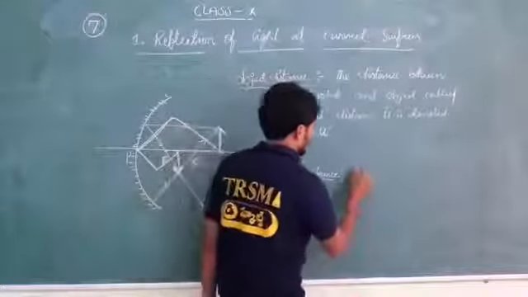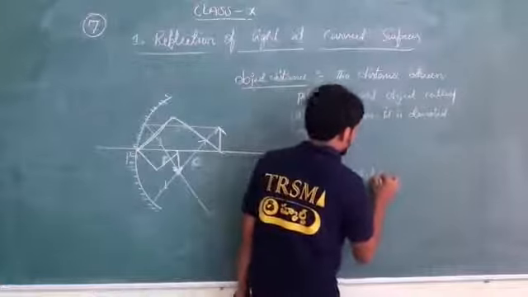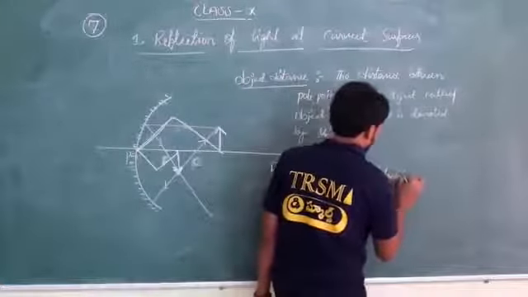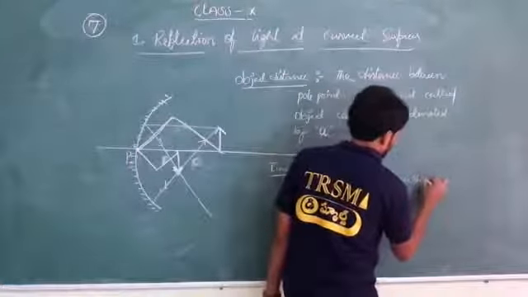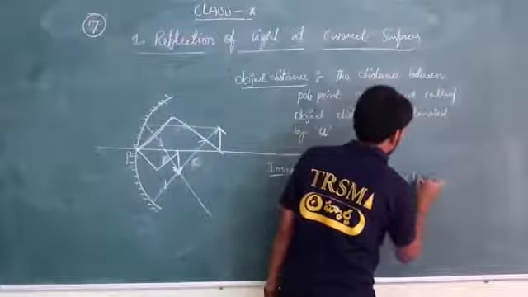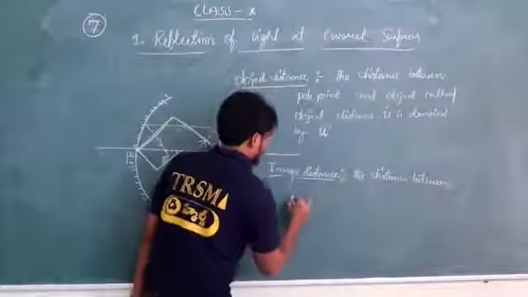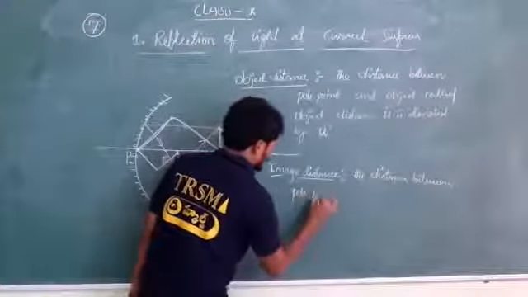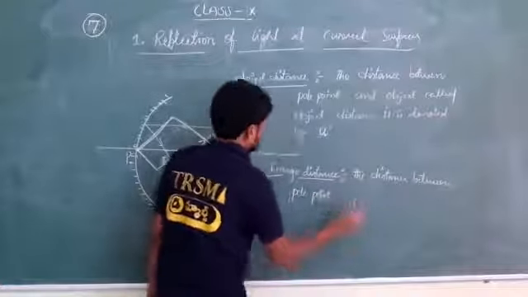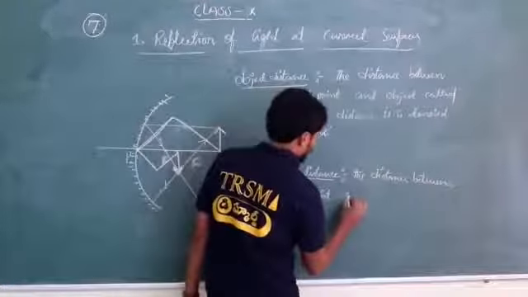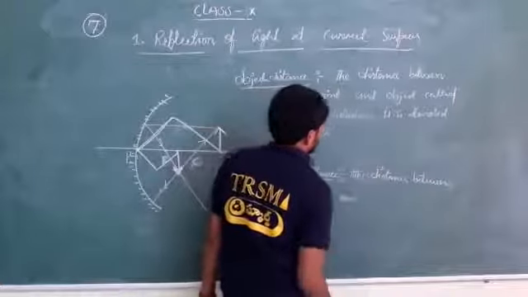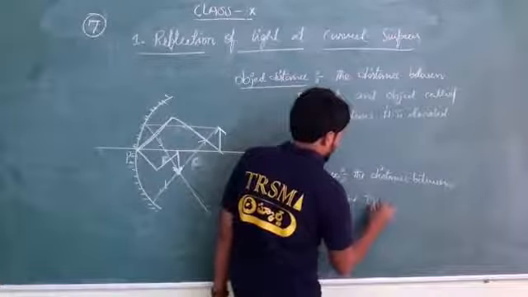Image distance. Write down the distance between pole point and the image.